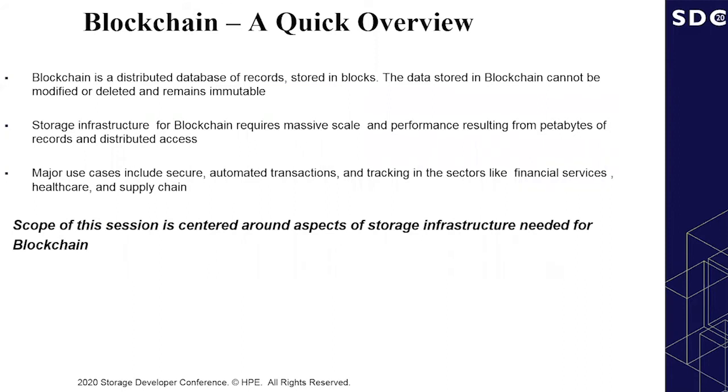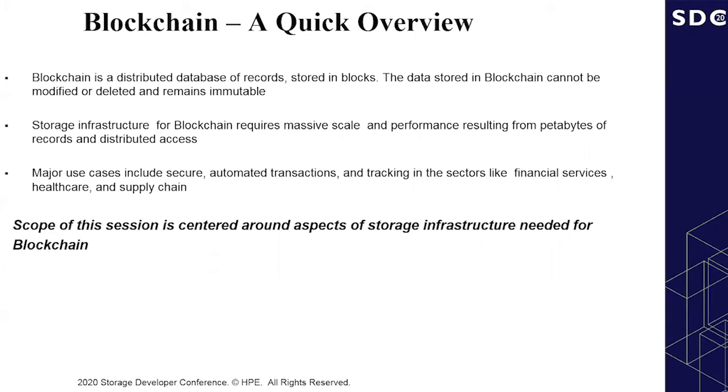So let's start with a quick blockchain overview. So what is a blockchain? In simple terms, like the name indicates, blockchain is a collection of records that are linked to each other. So blockchain is a distributed database of records stored in blocks.